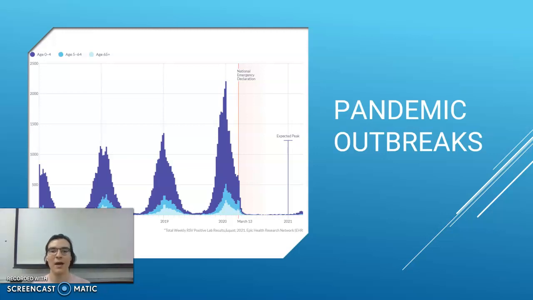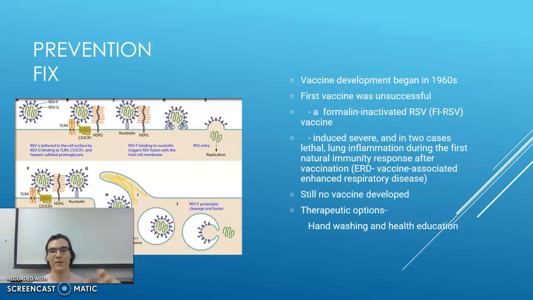As you can see, at one point it was reaching 2.1, 2.2 million cases in 2020, and it dropped to less than 100,000. So these are a few of the effects of the pandemic that involves RSV.